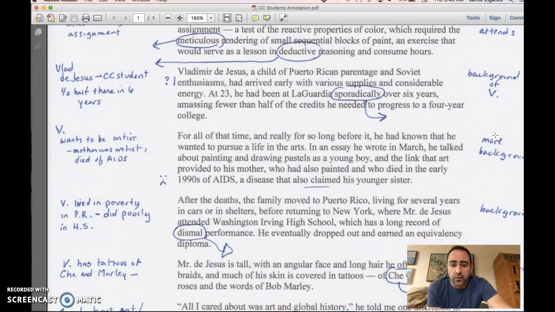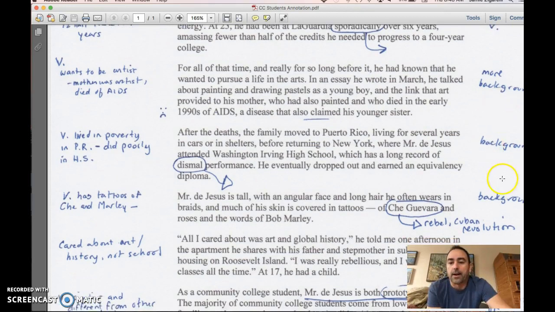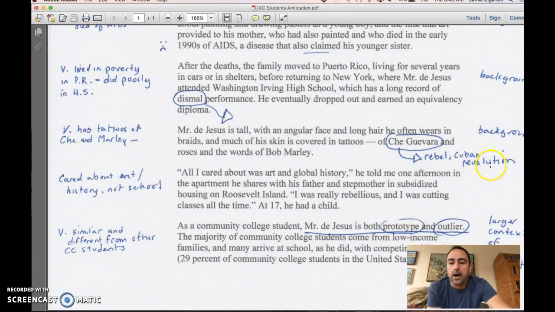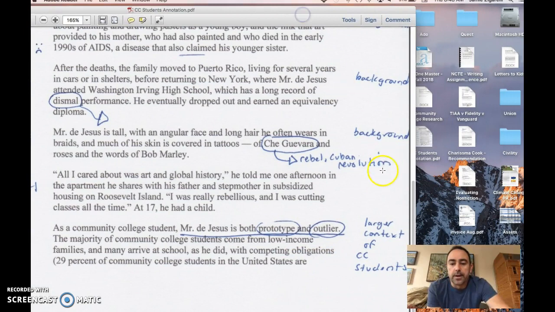Much of the rest of this first page is background about Vladimir. So that's what I wrote the purpose of all this was. This is background of Vladimir, more background, okay? And then at the bottom of the page, it talks about the larger context of community college students.